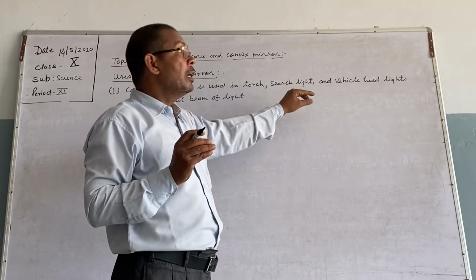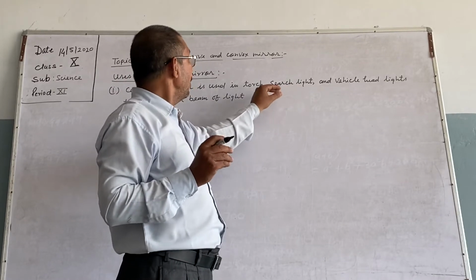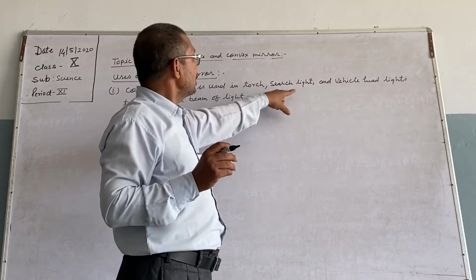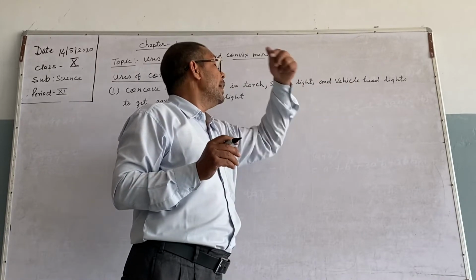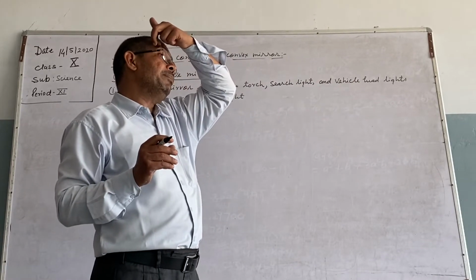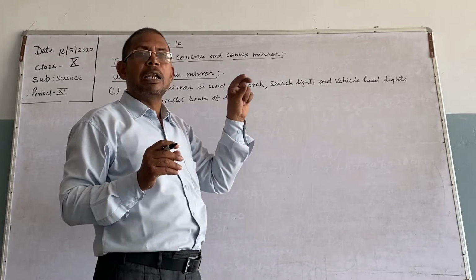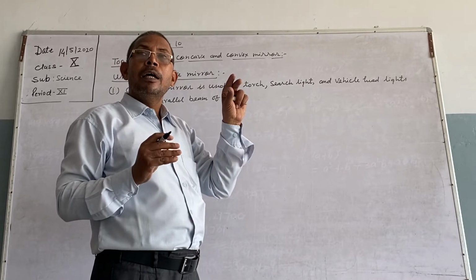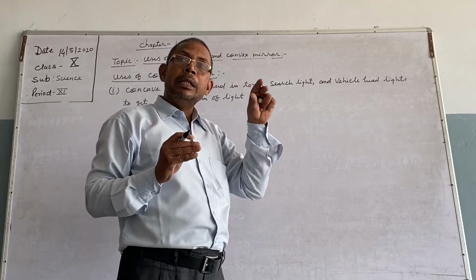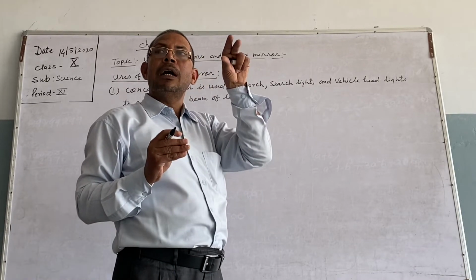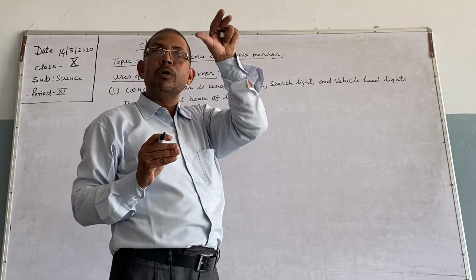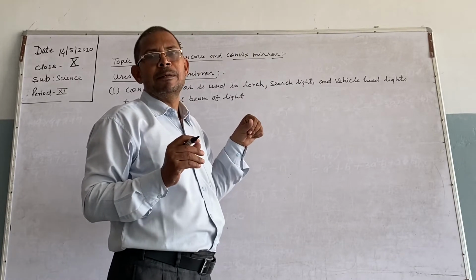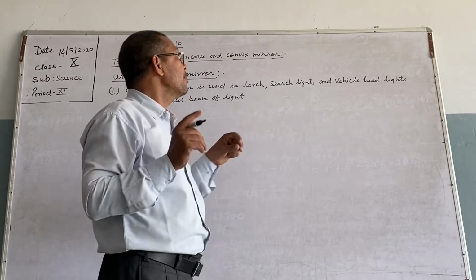That is the bulb of a torch, searchlight or vehicle headlights, bulb is kept at the focus of concave mirror. Then what happens? That is the incident rays on the mirror surface will produce parallel beam of light, right?